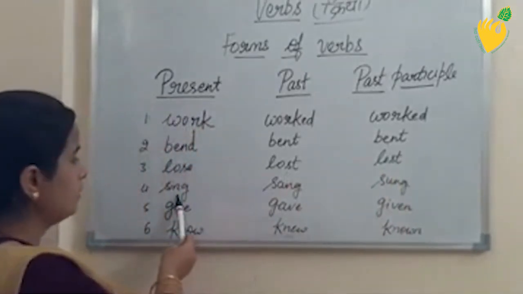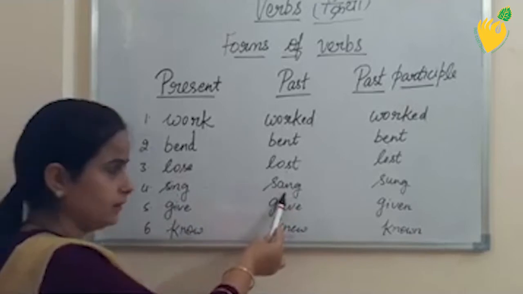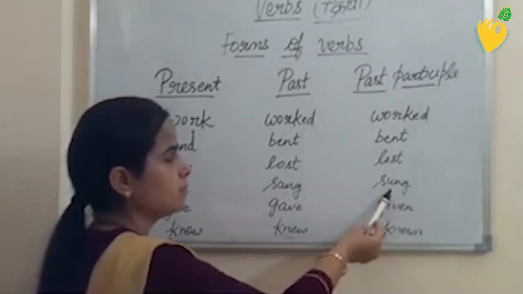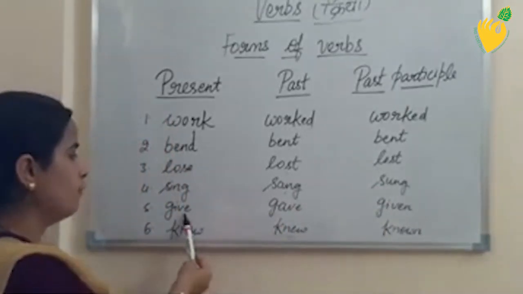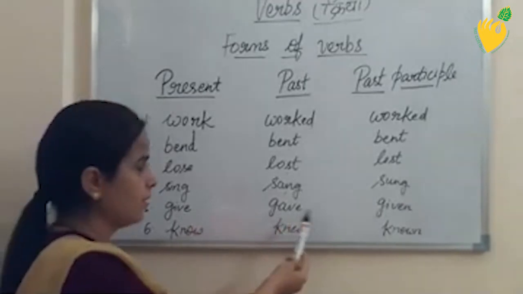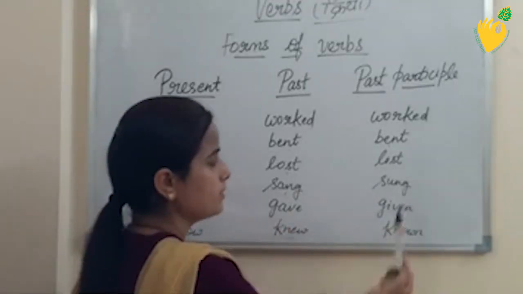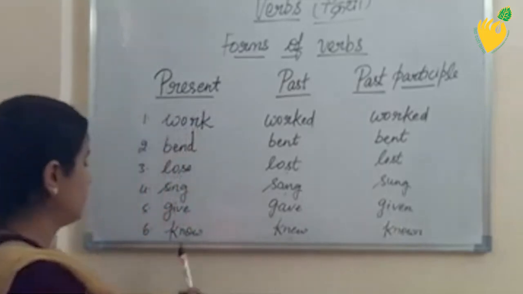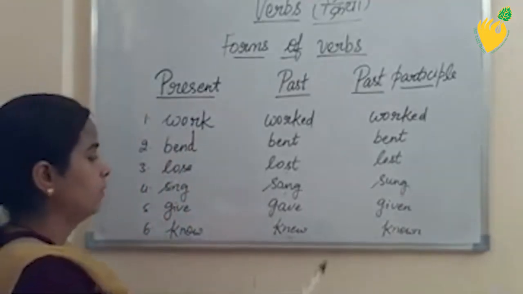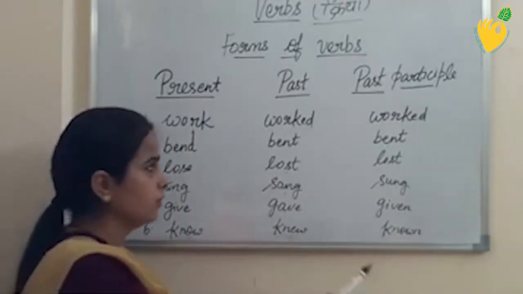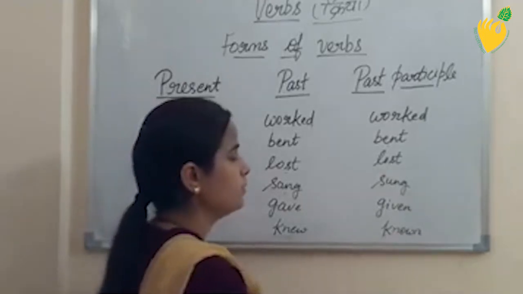Next verb is sing. Past form is sang and past participle form is sung. Next is give. Past form is gave and past participle form is given. And the last example is know. Past form is knew and past participle form is known.